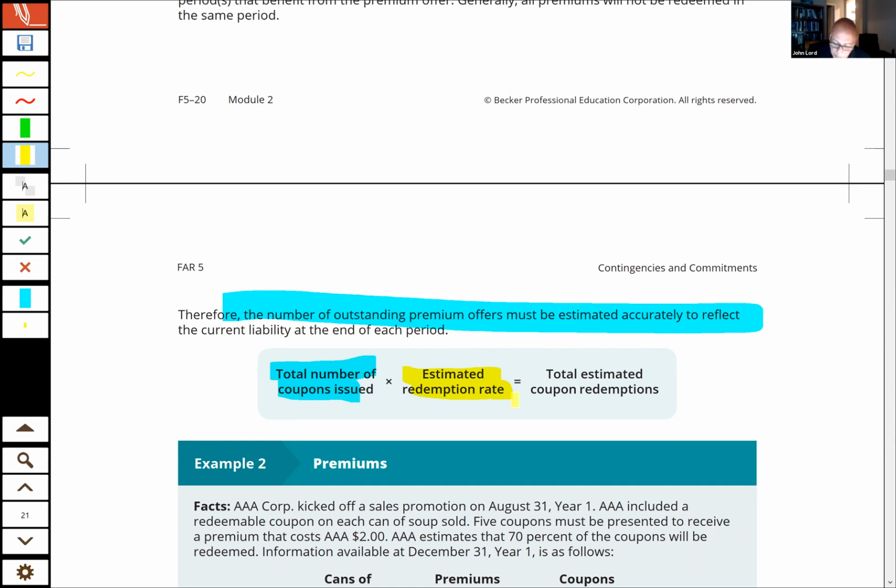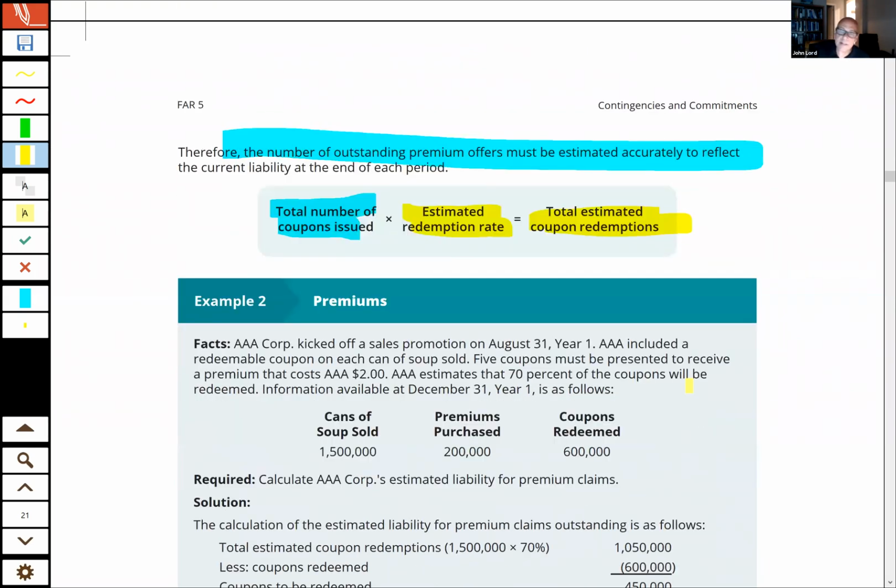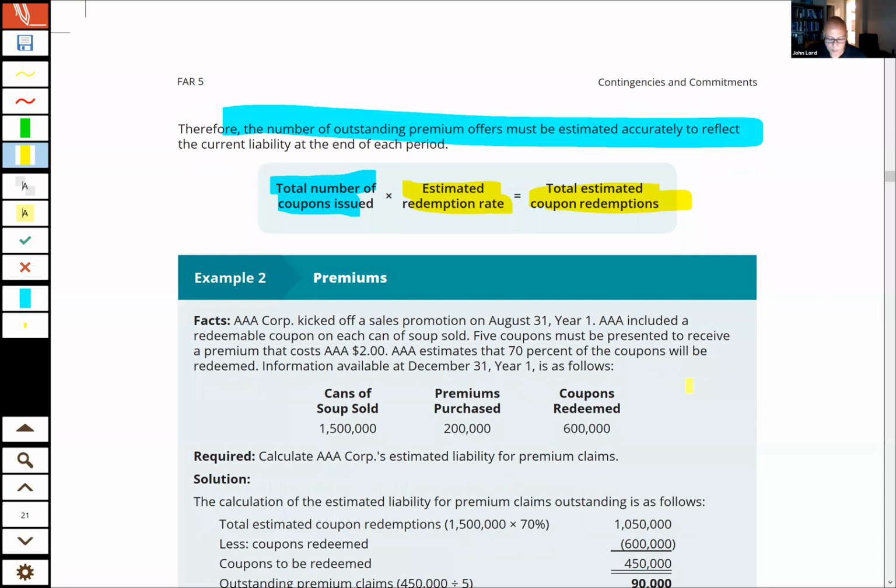I want to do this. So they figure out that percentage, and that becomes the total estimated coupon redemptions. Once you know that, you multiply that by the cost of these little cups that you're going to have to send out. That becomes your liability for the premium.